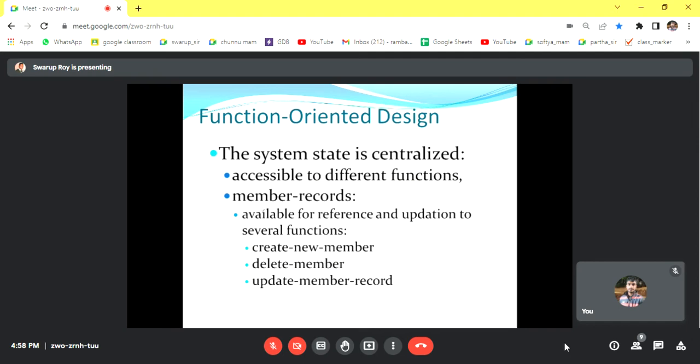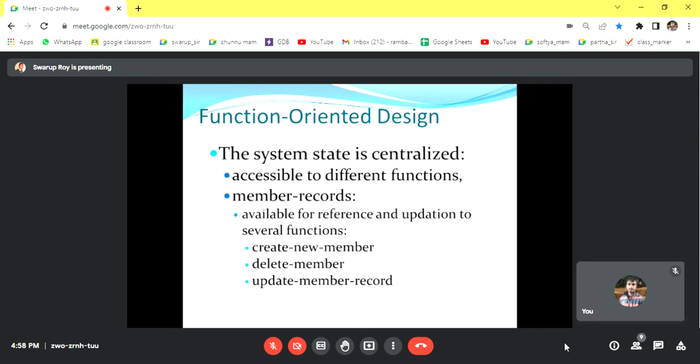Say for member record, they are actually accessing a common data structure. Member record is a database, or a record or structure, whatever you like.